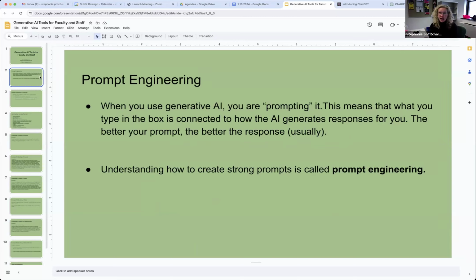So whatever you type is how the AI understands you and then responds to you. So the idea here is that the better your prompt, the better your response sometimes, right? That's the premise that I'm going to work on for the rest of this presentation. Knowing how to do these prompts and how to do these prompts well is called prompt engineering. And that's what we're going to work through today in a couple of different ways.